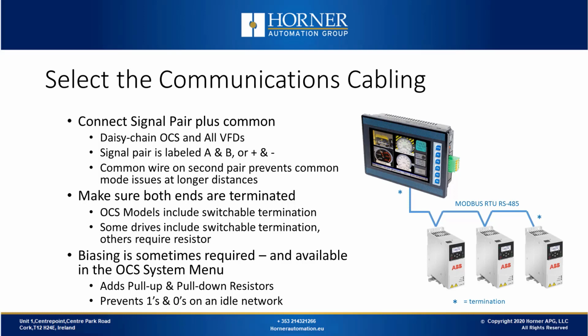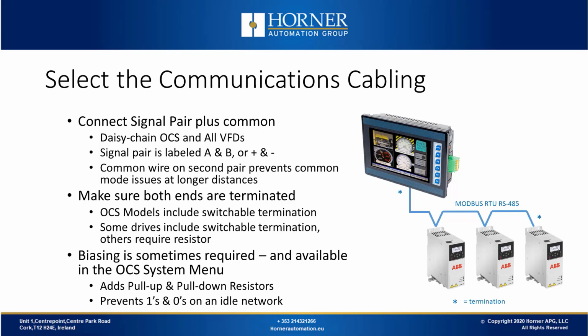The way RS485 half-duplex works is that both devices are using the same pair of wires, that signal pair, to communicate. At any time, either one device will be communicating with the drives, or neither if you're in between. Sometimes, in a scenario where there's no device that's communicating, you can get some random 1s and 0s that may fly around from time to time when no device is currently driving the communication bus.